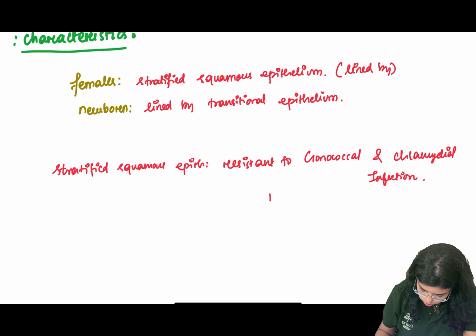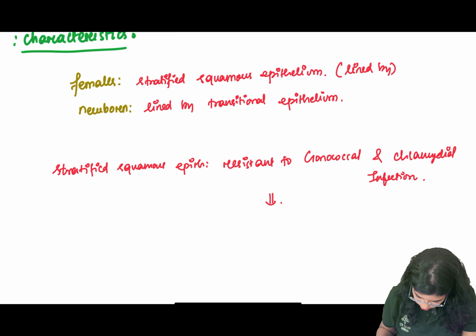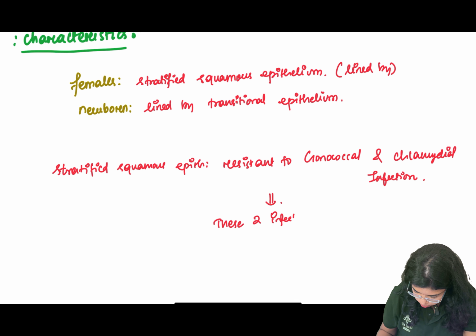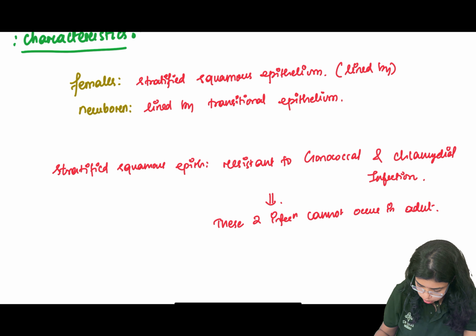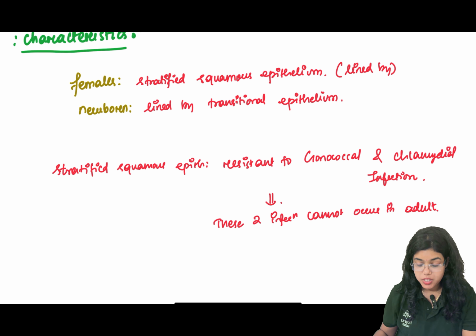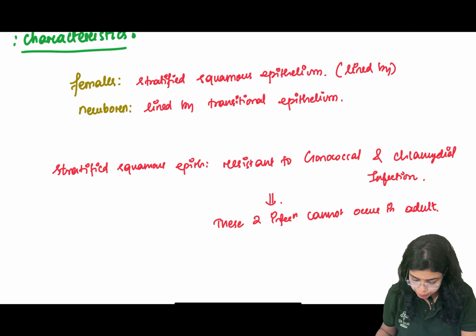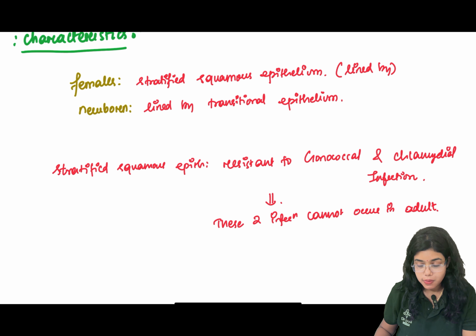So these two infections cannot occur in adults. But in newborns, as the vagina is lined by transitional epithelium, there are more chances of invasion by gonococci as well as chlamydia.